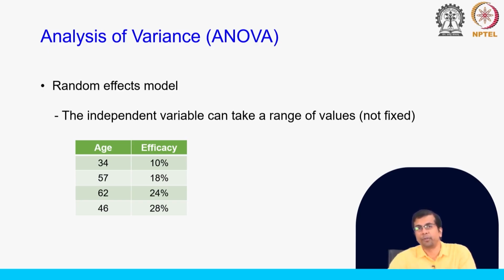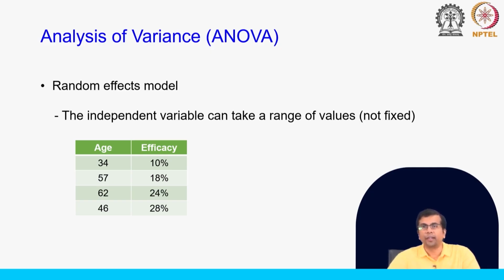For example, we want to estimate what is the effect of age, how does it affect the efficacy of the drug. So, now age is an independent variable that can take a range of values. It is not fixed. It is not like we are fixing the drug dose, the treatment. So, this is a random effects model, where it can take a range of values.